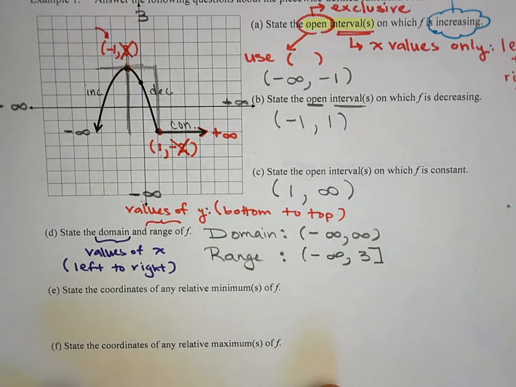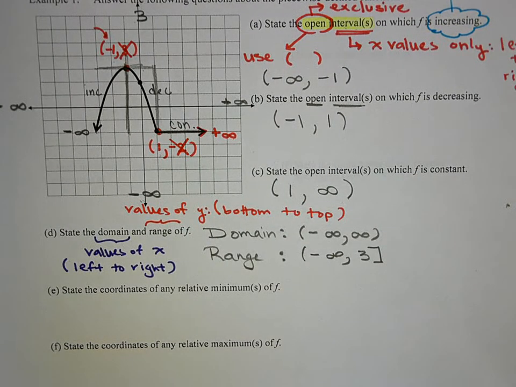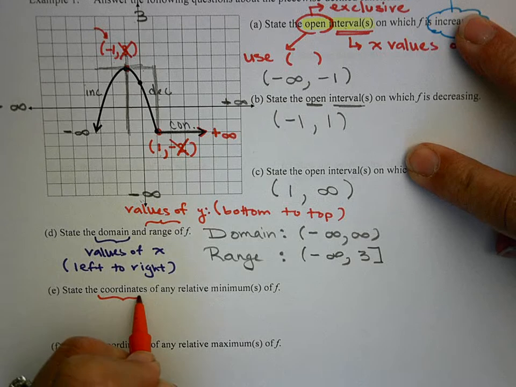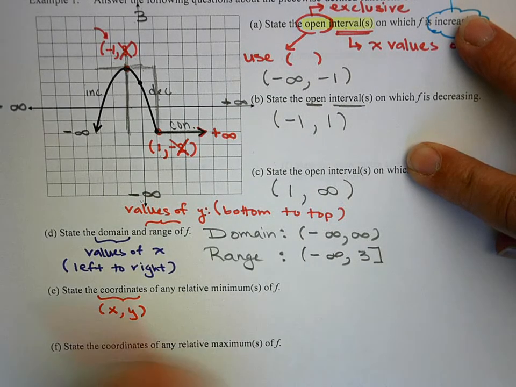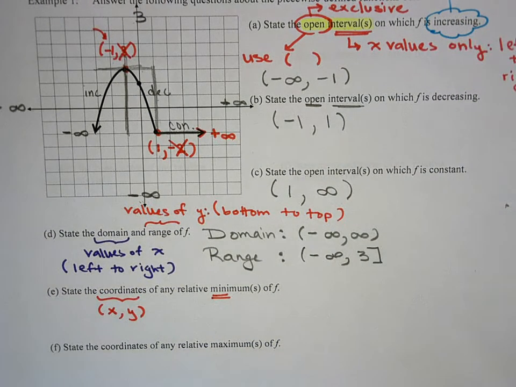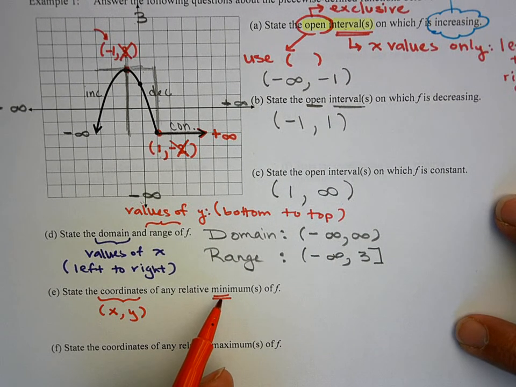All right, so for part E, we want to state the coordinates. Coordinates, meaning we want ordered pairs, right? So for this guy right here, we want to make sure that we give a value of x and a value of y. And we are looking for the relative minimum. And remember, your relative minimum is when the graph changes from decreasing to increasing, right?